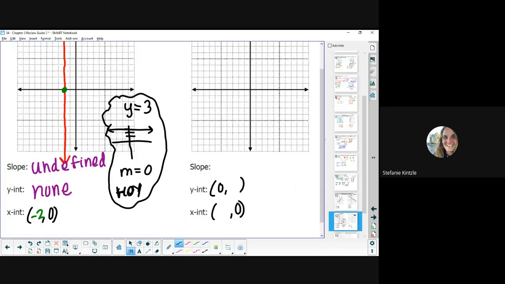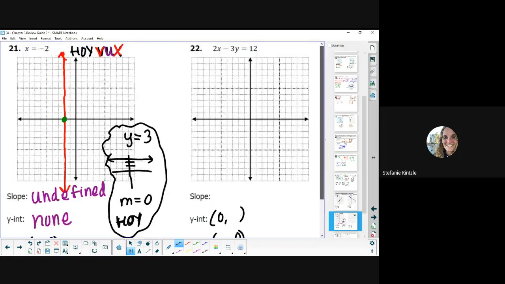Last one. It's not in slope-intercept form, so let's put it in slope-intercept form. How do we do that? We solve for y. Okay, so let's move the x term to the other side by subtracting 2x from both sides, and we get -3y equals 12 minus 2x. Solve for y.